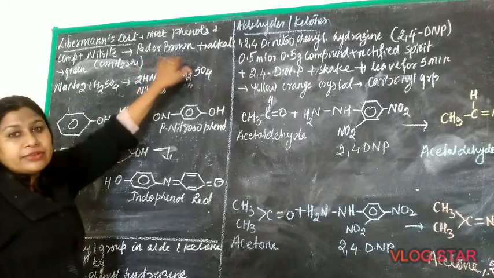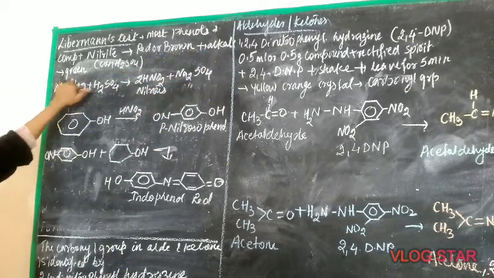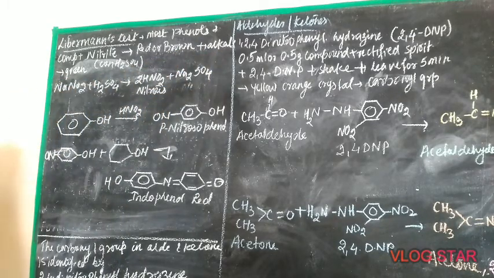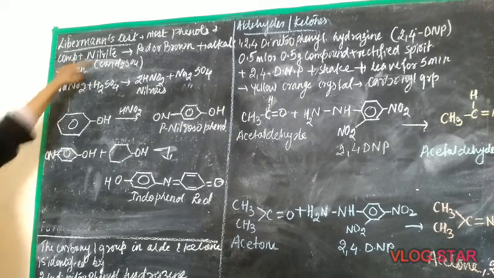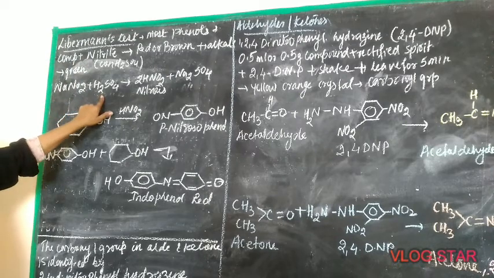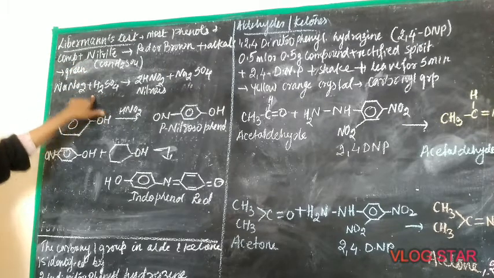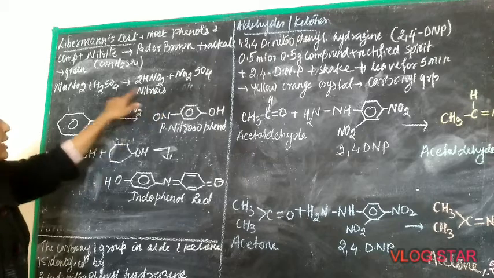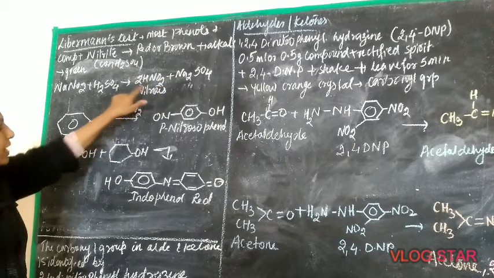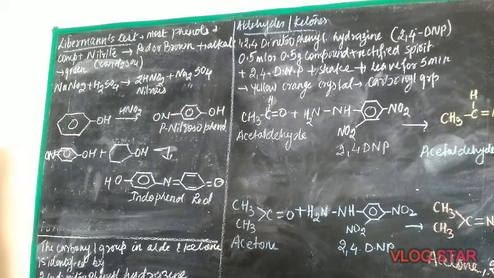With alkali, this red-brown color gives a green color. We'll see the reaction. This is NaNO2, nitrite, plus concentrated H2SO4. It gives nitrous acid, HNO2, and Na2SO4 is formed.